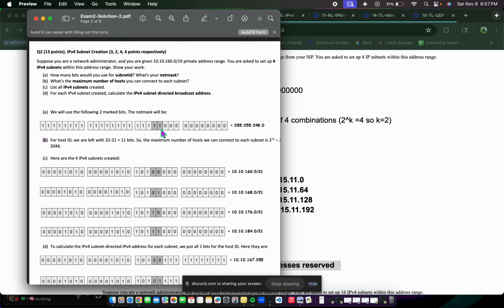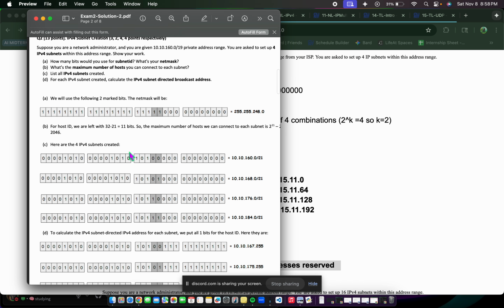So we have 21, 19 plus those extra 2. If you convert that, just add up the powers: 128, 64, 32, 16, 8, add it up and you get 248. That's how they got that.